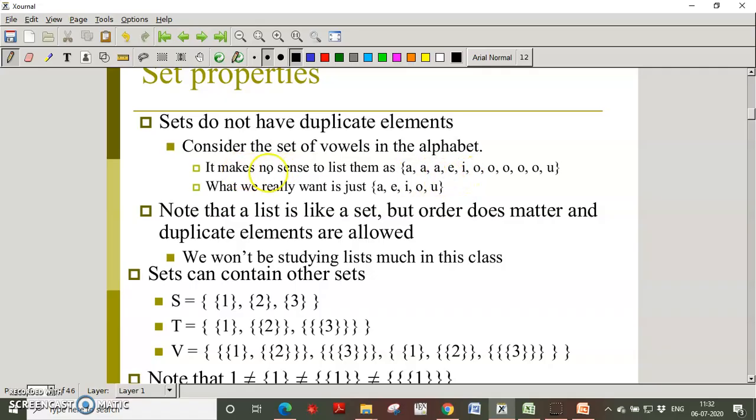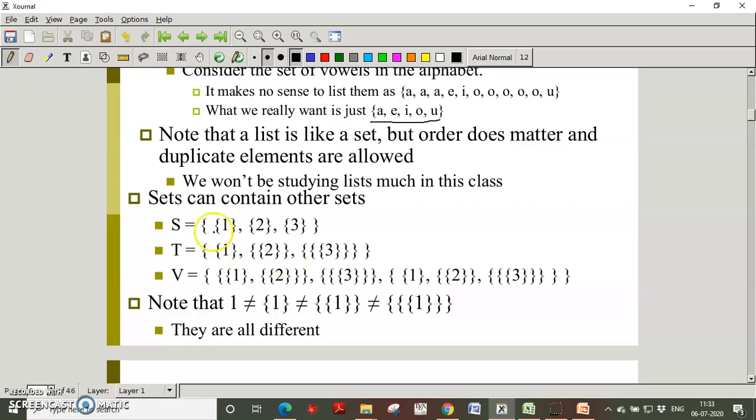When we make a list, we can write A, E, I, O, U. But in a set, you write it like this only: A, E, I, O, U. In a set, elements are not repeated, but in a list you can repeat elements. Also remember that in a set order does not matter, but in a list order does matter. But in this course we will not study lists further, we will only focus on set theory.